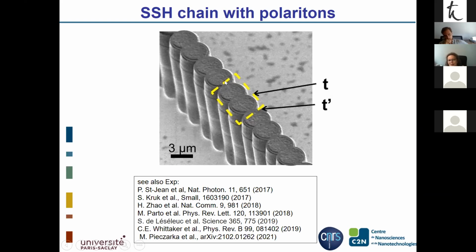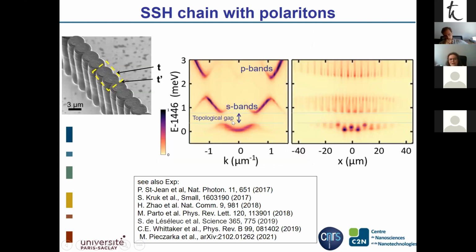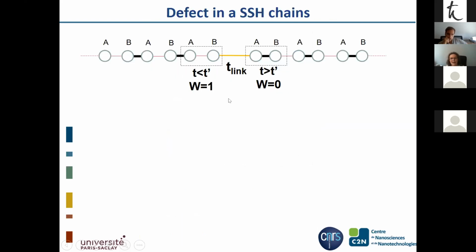And so we perform, like this, a modulation of the coupling. And now if we look at the band structure, the s band has a topological gap that you see here. So we have split the s band in two. And so you see that we have the lowest band, the upper band, and these gaps which come from the modulation of the couplings.